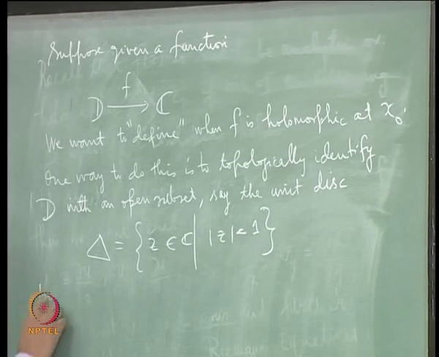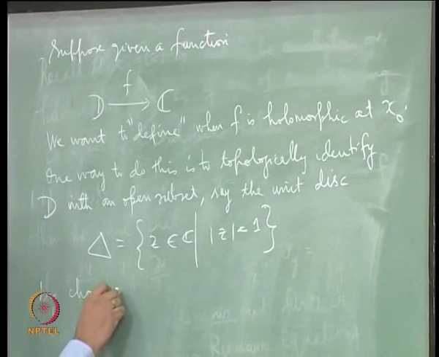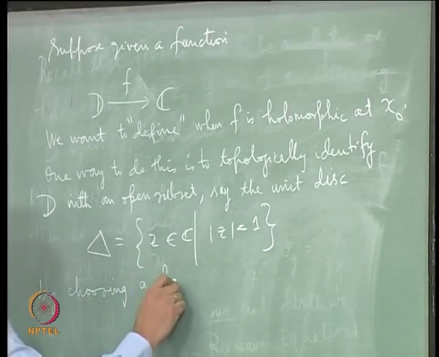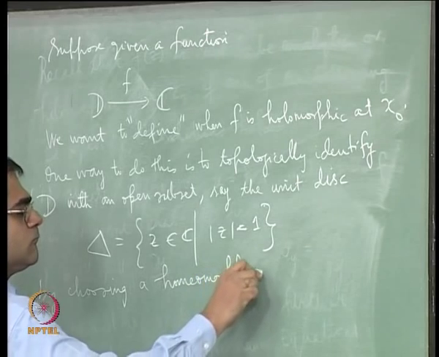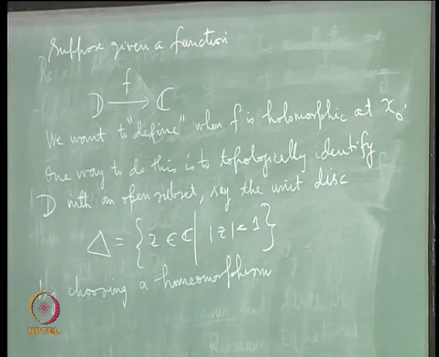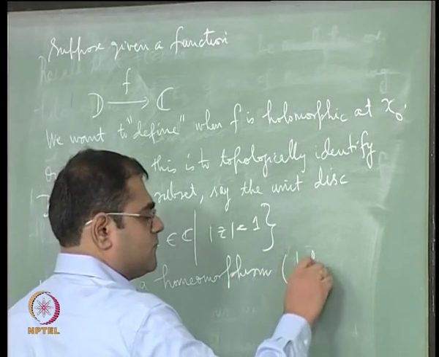by choosing a homeomorphism phi from D to delta. And by the way, let me remind you that a homeomorphism is a topological isomorphism.